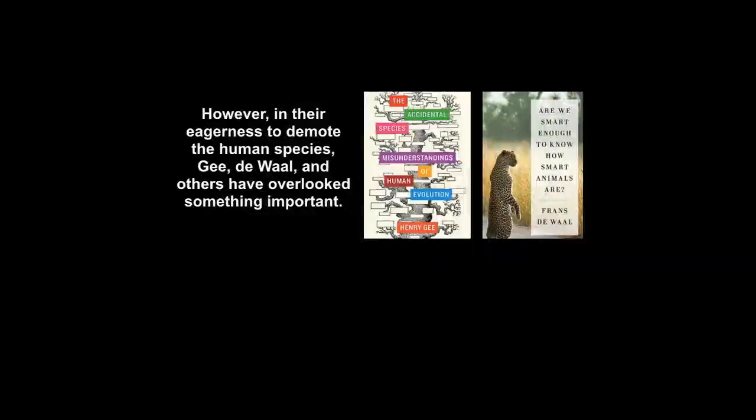However, I think in their eagerness to demote the human species, both Gee and Dawkins and many others have overlooked something important. Remember what he wrote: giraffe scientists would write about this and that. Here's the problem. There are no giraffe scientists.